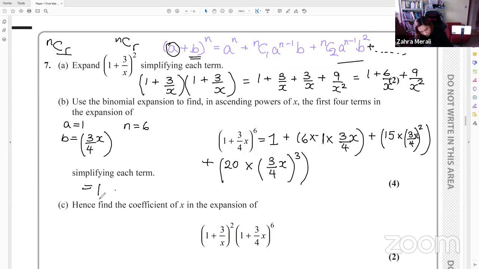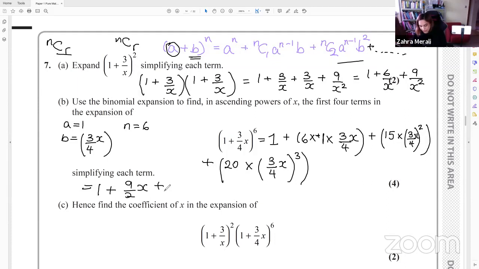So you're going to get 1 plus, that's a plus, 6 times 3/4. So 6 times 3/4 is just 9/2. And then you've got your x. The next one, you're going to do 15 times 3/4, but the whole thing is squared.